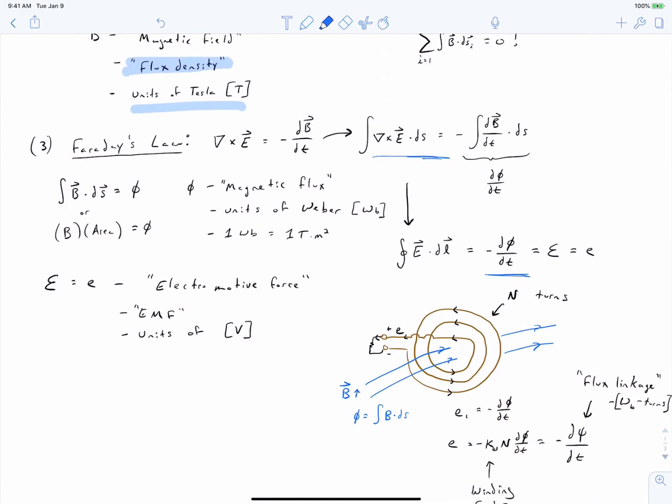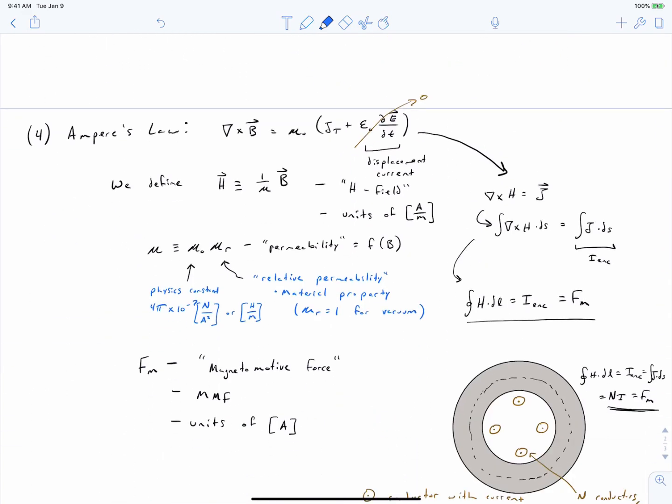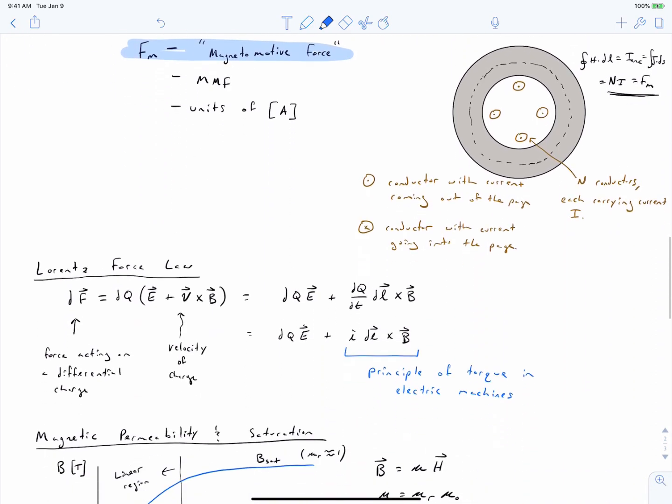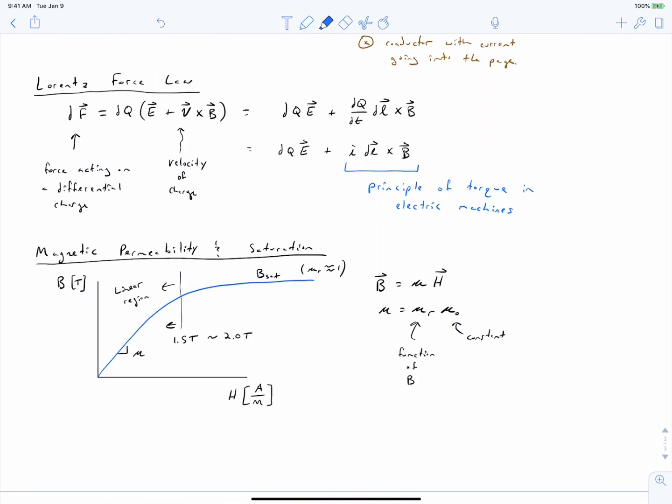We discussed Faraday's law and how we can use it to calculate electromotive force, or EMF. We defined magnetic flux. And finally, we went through Ampere's law and used it to define MMF and introduced the concept of permeability. And finally, we had our two housekeeping items, which were to review the Lorentz force law and the magnetic permeability and saturation characteristics of steel.